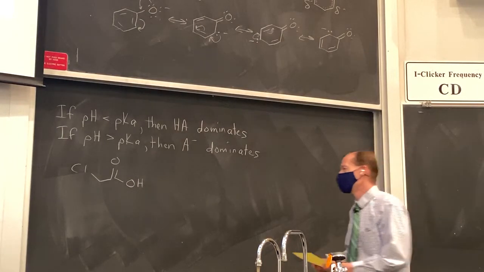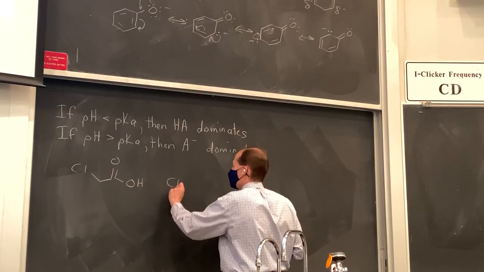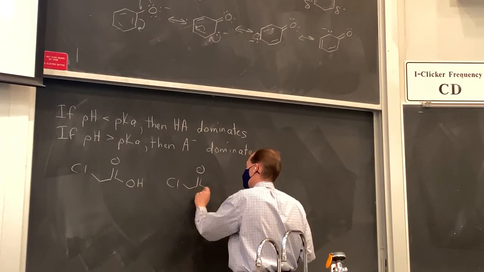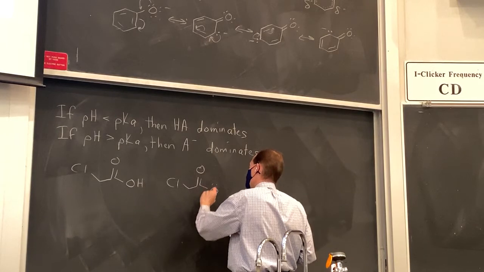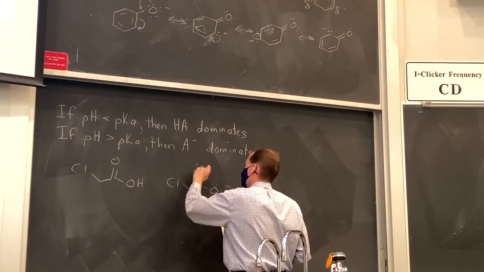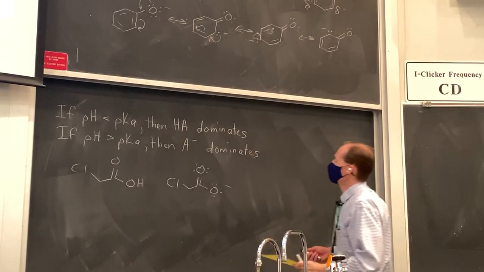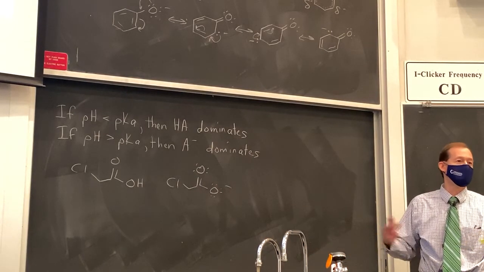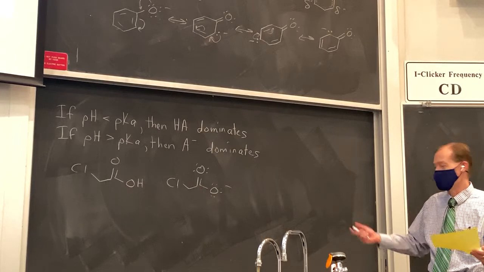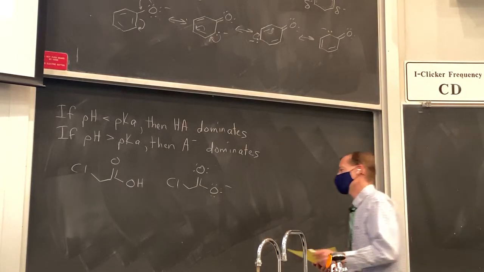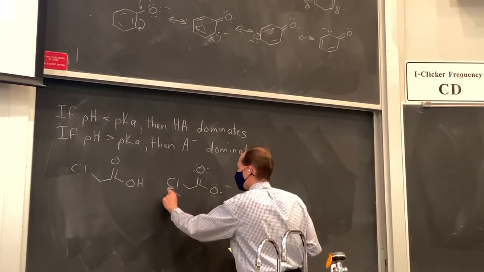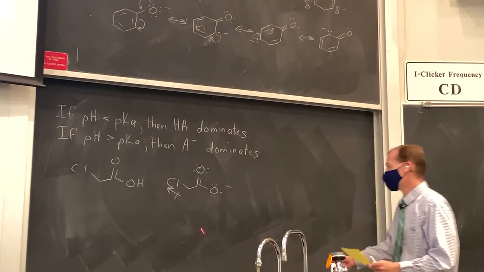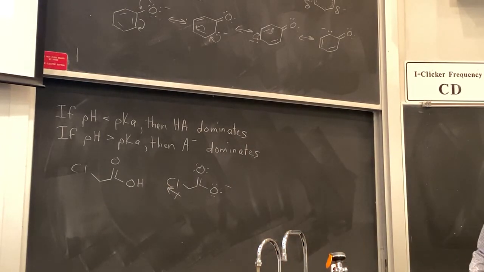Okay, we have to look at the structure of the conjugate base. This is our conjugate base. Of course, we could draw a resonance structure, but we could draw that same resonance structure with acetic acid. So we don't have any extra resonance structures with chloroacetic acid. But what we do have is a polar bond polarized towards the chlorine.